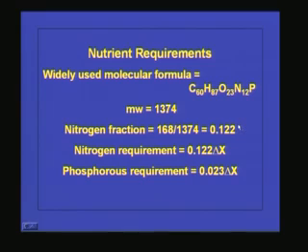So if the wastewater does not have nitrogen, we have to supply nitrogen in this ratio. That means per gram of biomass generated we have to supply 0.122 grams of nitrogen, or the nitrogen requirement for the entire system is equal to 0.122 into the total biomass that is going to be generated in the system.